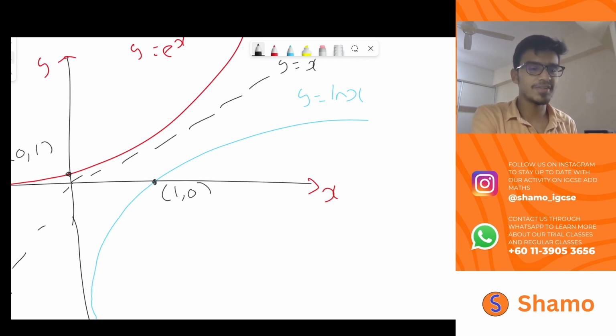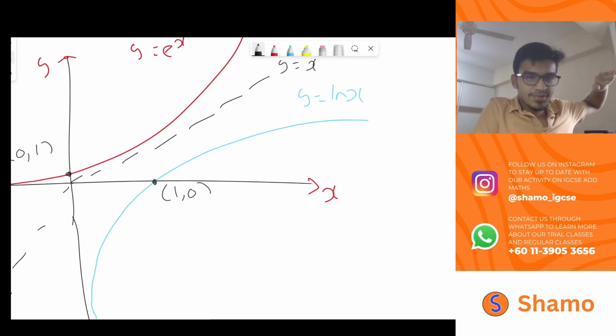So what was the way we could think about it? When your x is very positive, your life is filled with positivity. So your life, which is the red graph, e to the power x, is filled with positivity and energy, you're very happy, and your happiness is escalating increasingly.